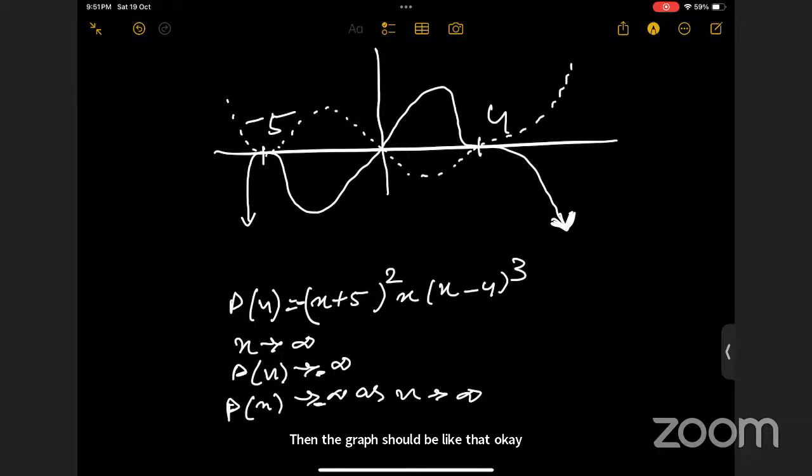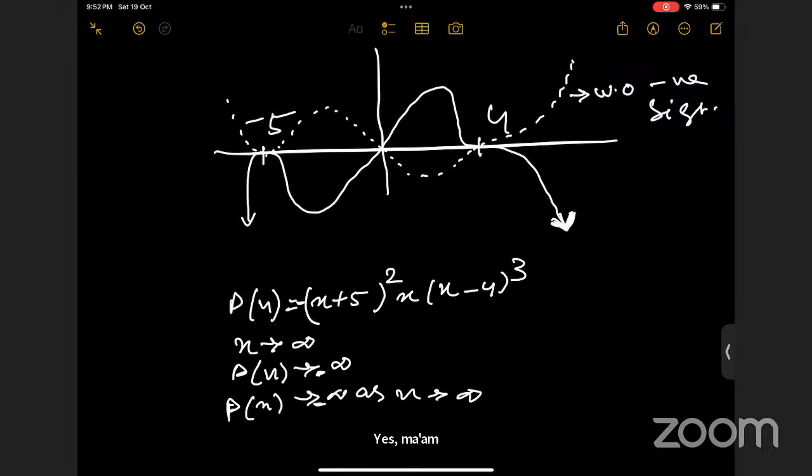Is it clear now? The dotted line is without the minus sign, and the clear line is with the minus sign. Yes, ma'am.